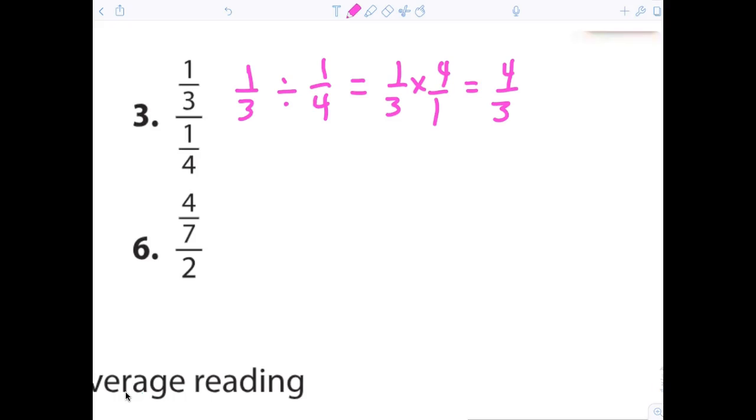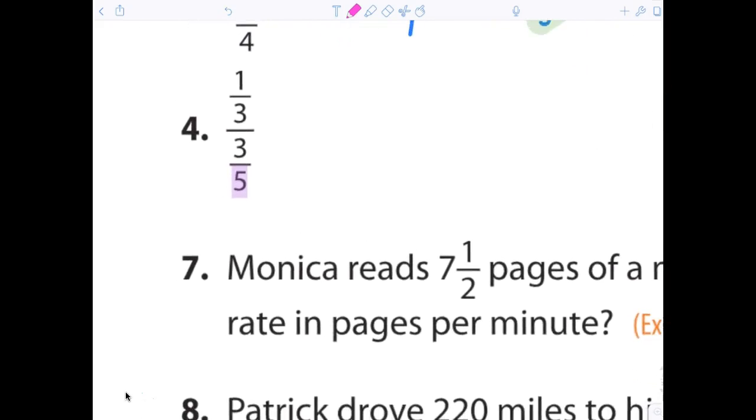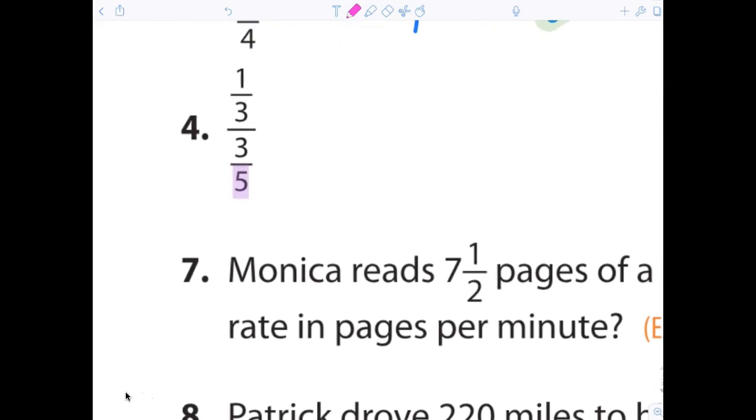All right? So now, let me talk to Mr. Dan. Tell me about number 4. What does that mean? Just, we can ignore. Perfectly fine. I mean it. Right. 1/3 divided by 3/5.